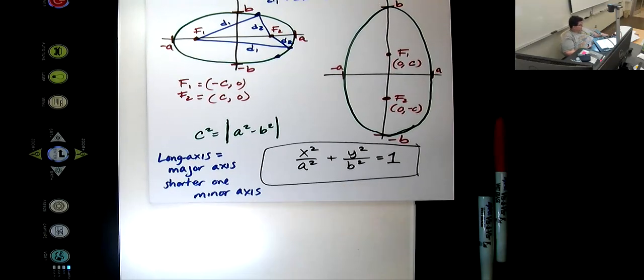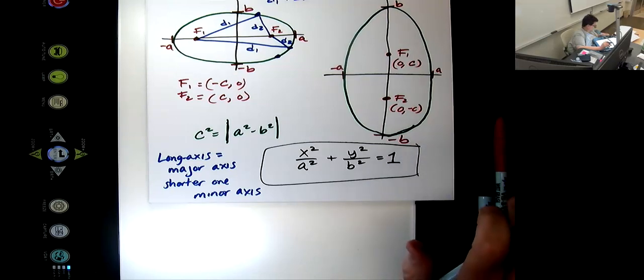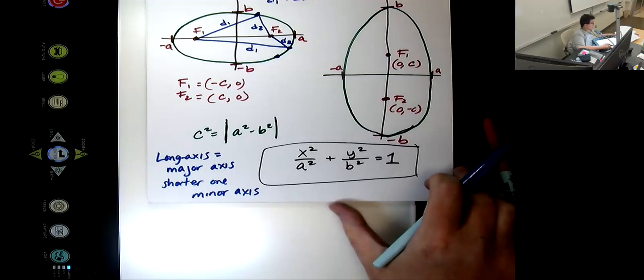The ellipses look like ovals. So let's look at some examples.